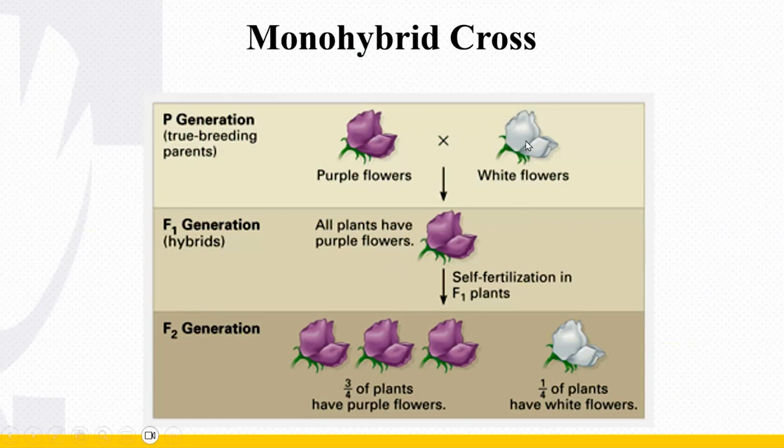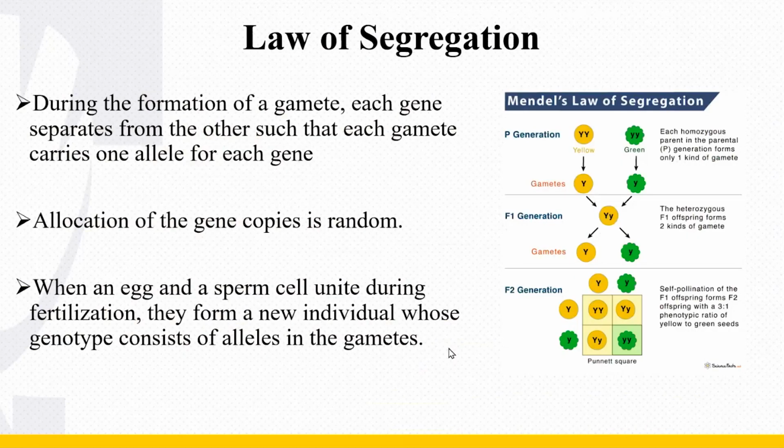We just don't know where it is. Also think about that this F2 generation is really the phenotype. We don't know which one of these flowers is homozygous dominant and which one is heterozygous dominant. So we'll conduct back crosses, and that's what he did in order to find out which one of these plants actually transferred that genetic material.